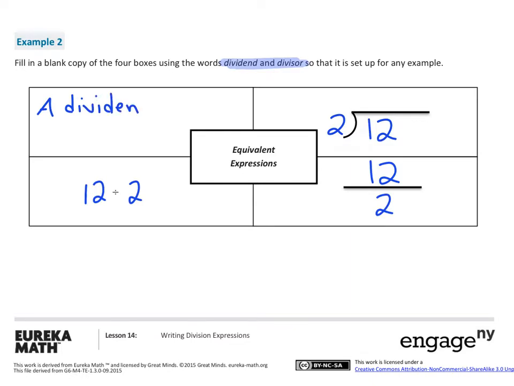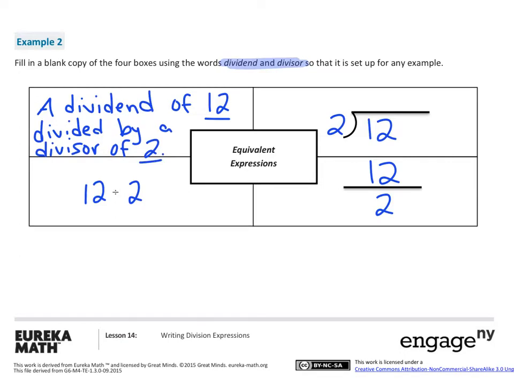A dividend of 12 divided by a divisor of 2. And again, you could spell out 12 and 2, but I knew I had limited space.